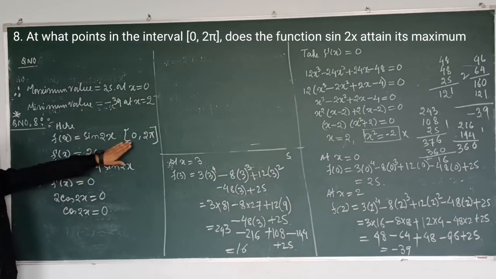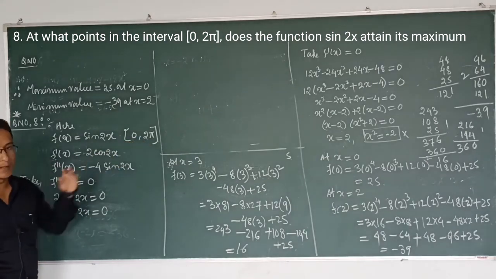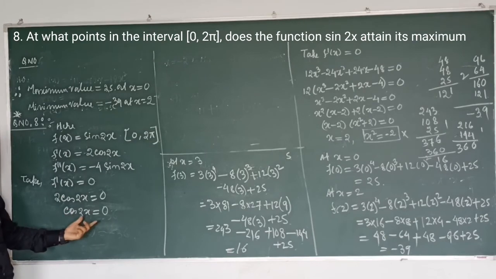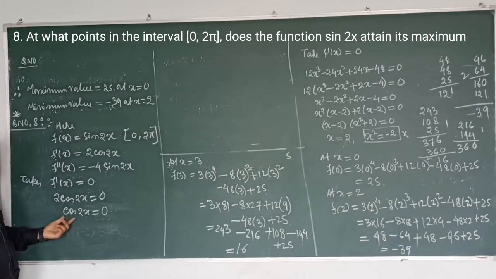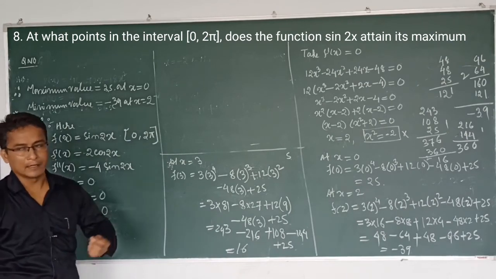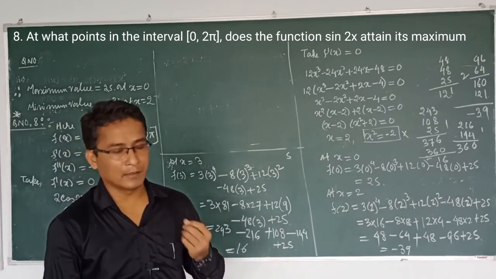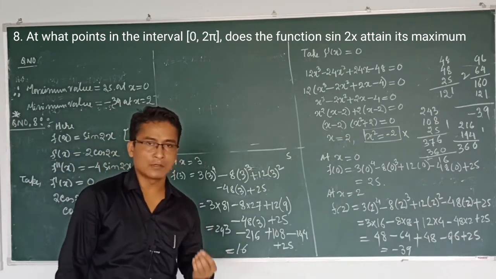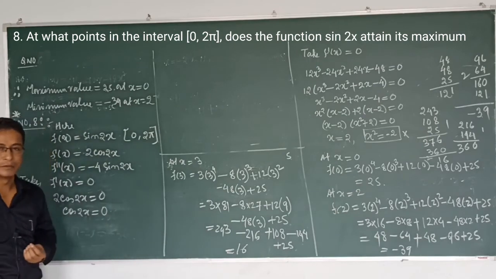Now our interval is 0 to 2 pi. This is our critical point. So at what x is cos 2x equal to 0? We think about where the value of cos is equal to 0.